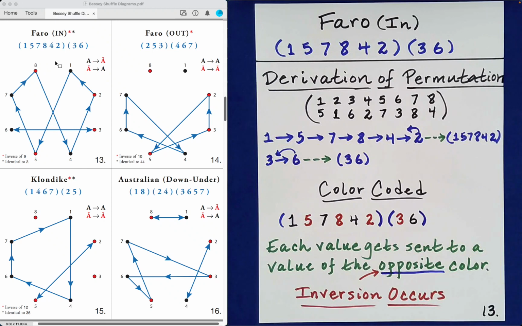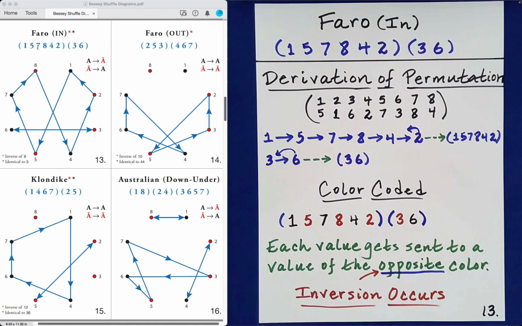Now for those who are new to this series on Bessey shuffle diagrams, why don't we just quickly explain how our permutation gives rise to this particular diagram. So the way that we read this is we begin at 1, so 1's over here, and it gets sent to 5. We can see that up above here.